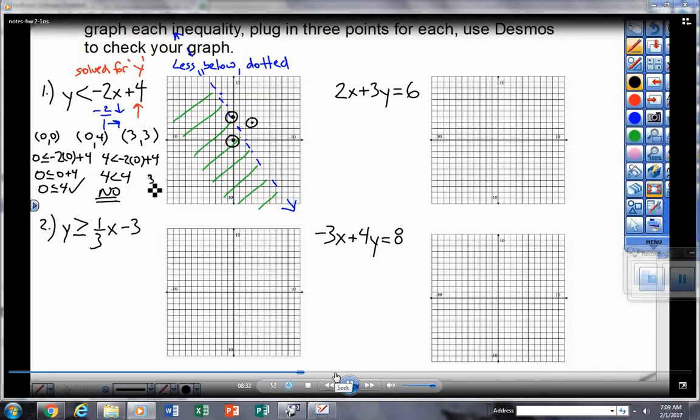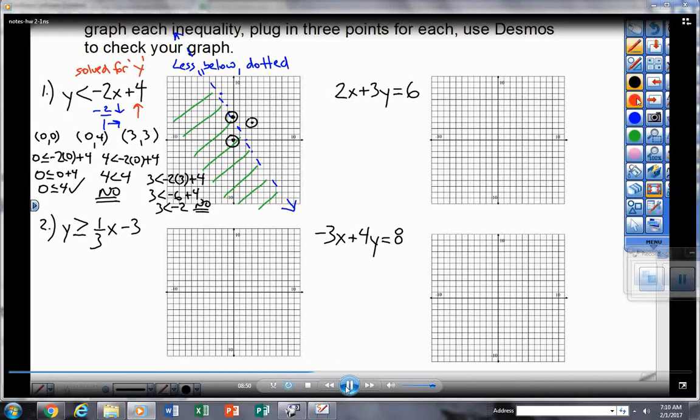That should definitely give me a false statement. 3 less than -2 times 3 plus 4. 3 less than -6 plus 4. That is a false statement. 3 is not less than. Let me check that one here. So again, I plugged in 3 for x, 3 for y, negative 6. This gives me 3 less. That is a false statement, so that is true.